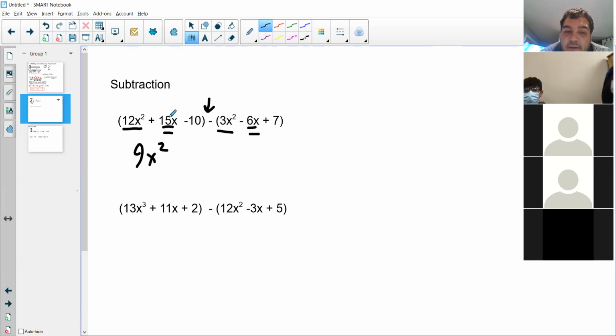So you subtract it. 15x goes with negative 6x. So 15 minus negative 6. Remember, 15 minus negative 6, that's a double negative, so it's the same as 15 plus 6, or 21x.